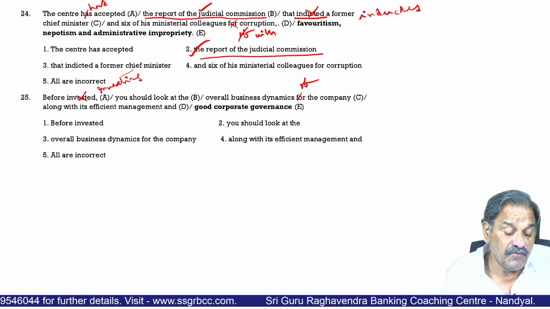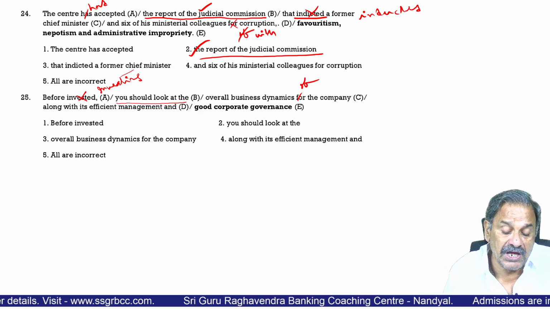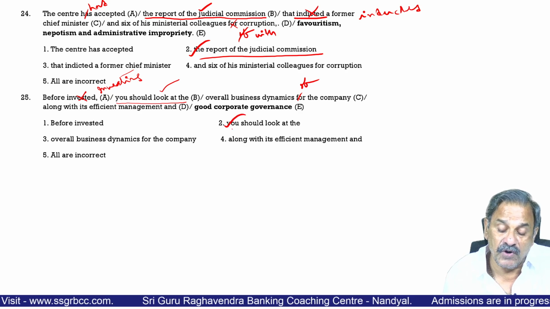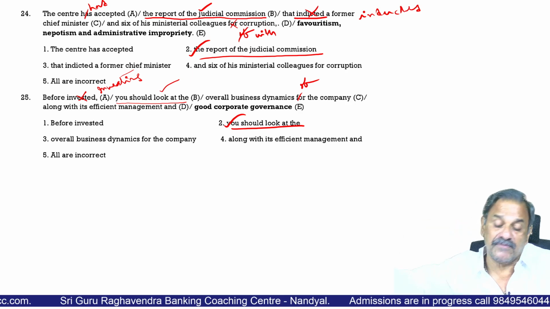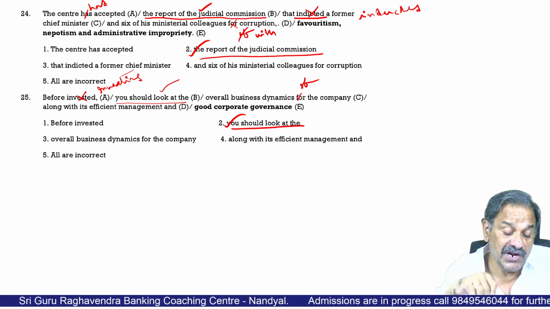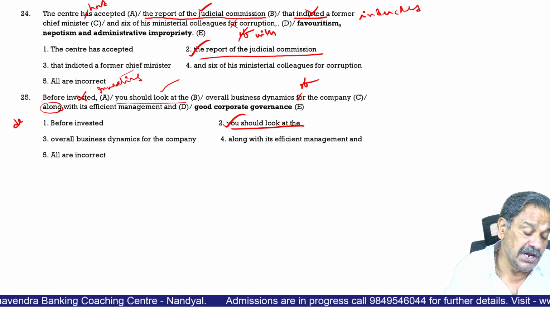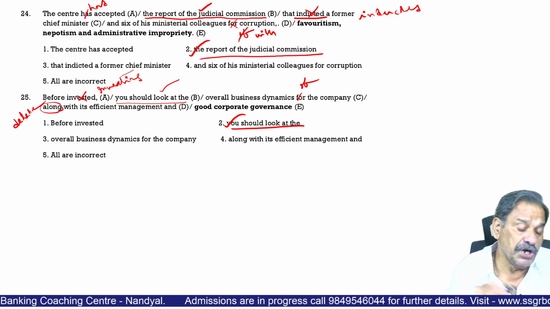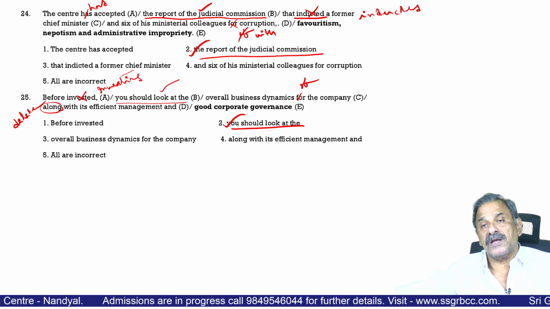Before investing, you should look at the overall business dynamics of the company along with its efficient management and good corporate governance. Here, there is no error. The second part is flaw free. You should look at the overall business dynamics of the company with its efficient management. No need to go for alarm. Delete. No need to use alarm. With its efficient management and good corporate governance.